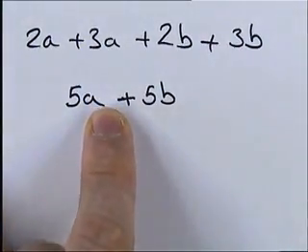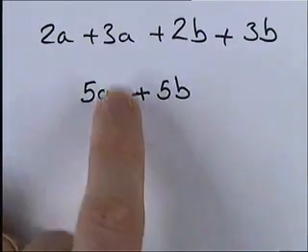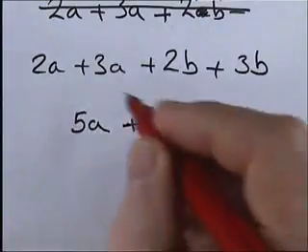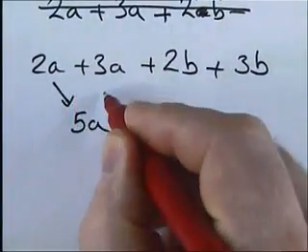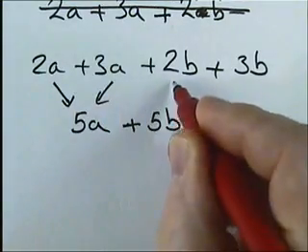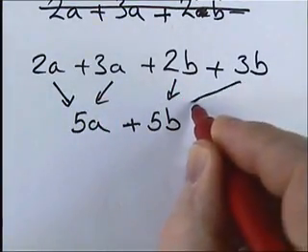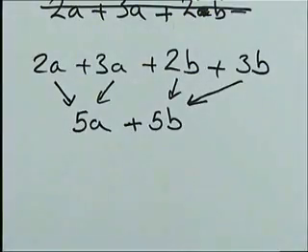That's what people mean when they say collect like terms. That 2a and that 3a make 5a in total, 5 lots of a, and that 2b and that 3b make 5 lots of b in total.